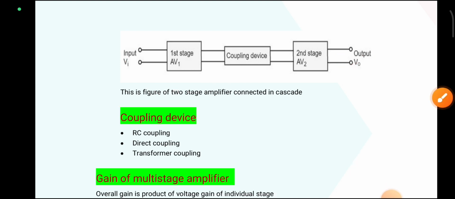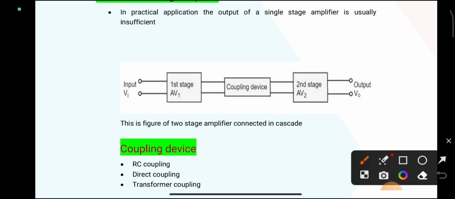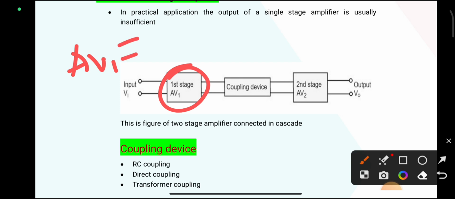So here there is a single stage. The gain of the first stage amplifier I write as AV1, which is equal to, the output of the first stage amplifier is V2 and the input is V in.